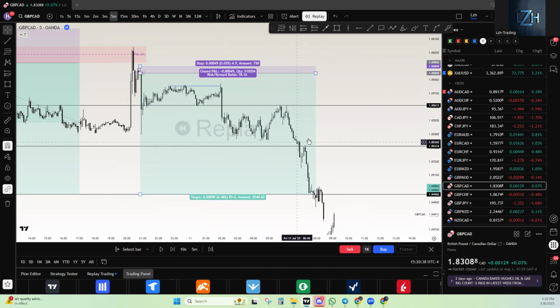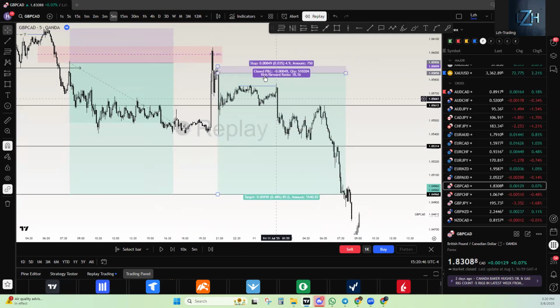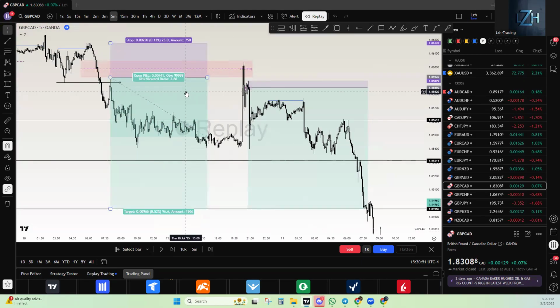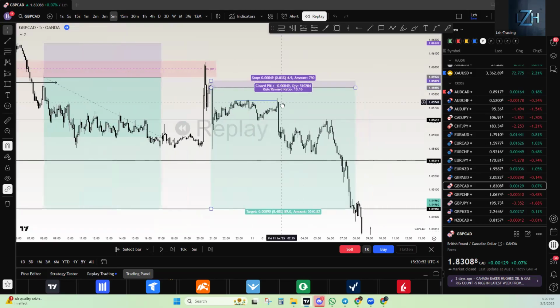Going into the New York AM, which is the 6 to 7 a.m. That's the pre Q zone session. So this is really what happened. If you have the original position, that's the 3.8 R. If you open up another small position, this is 18 R. That will give you maybe about 10 to 15 R in total.